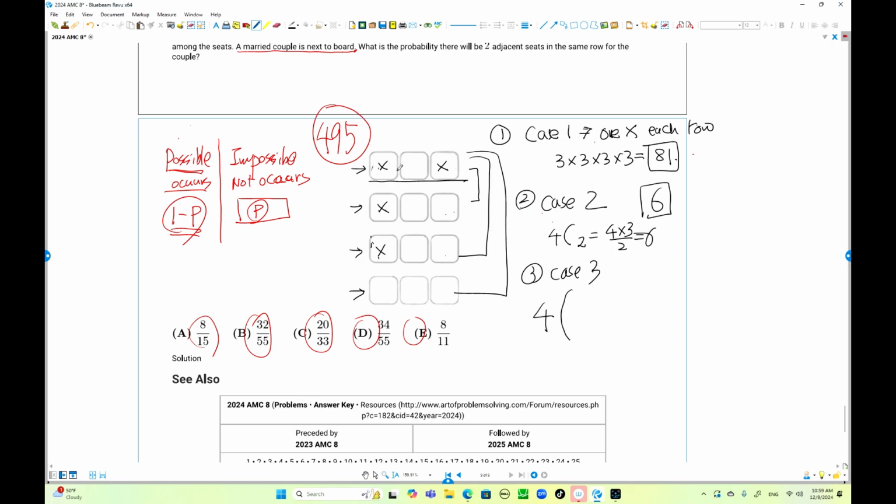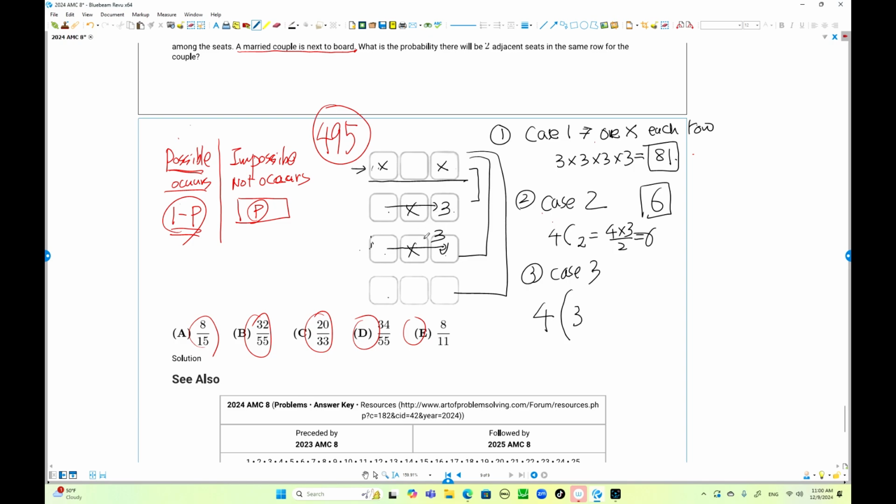The other two empty seats are one in each of two other rows, and each can be sitting either here or here, so each has 3 different arrangements.